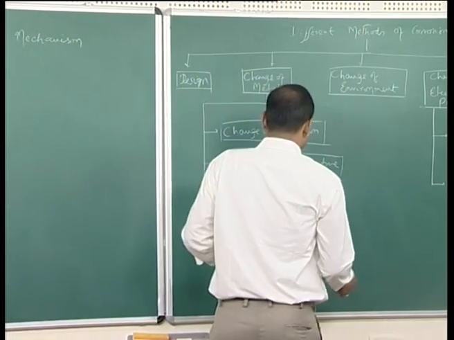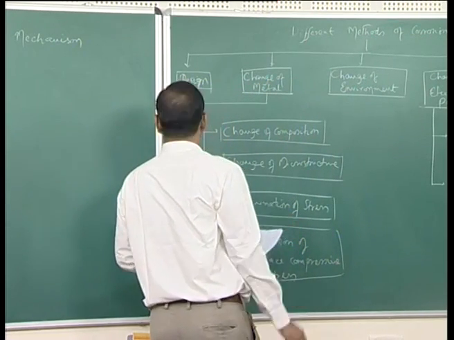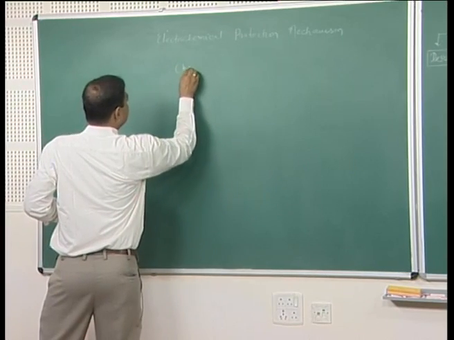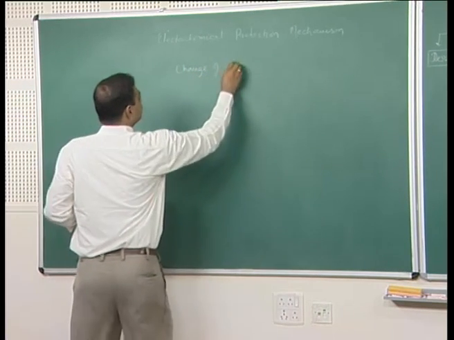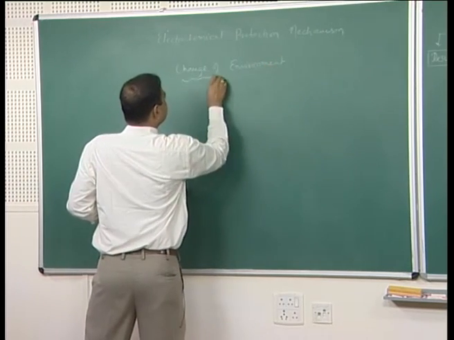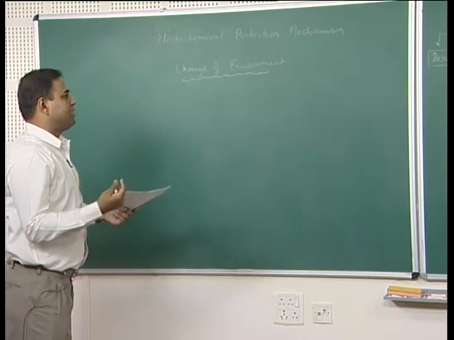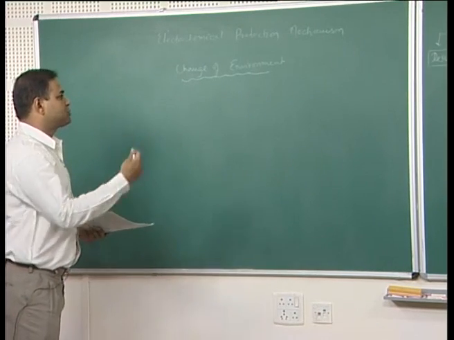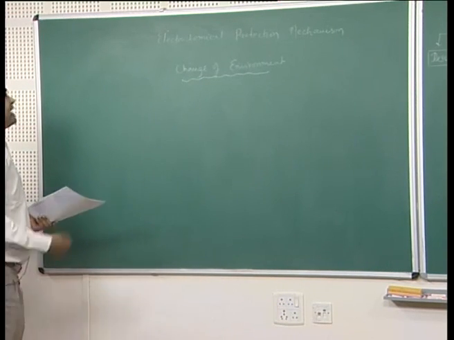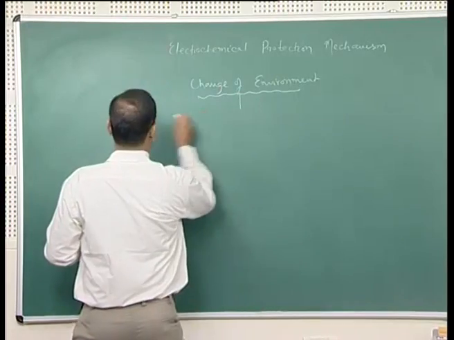Now, coming to this change of environment, it has also different parts. By changing the environment where the material or the alloy system or the structure is exposed to, if we can change that environment by some external means, we can avoid corrosion related problems. So, there are different subsections.